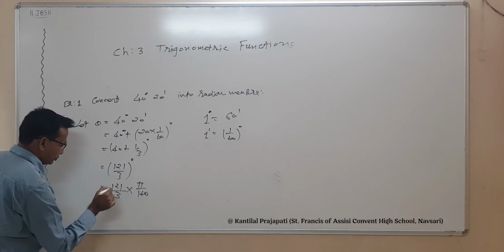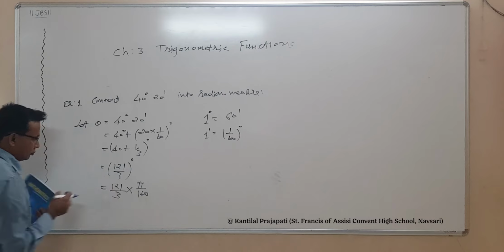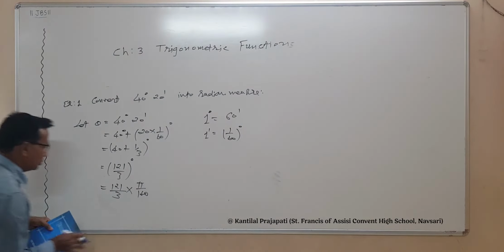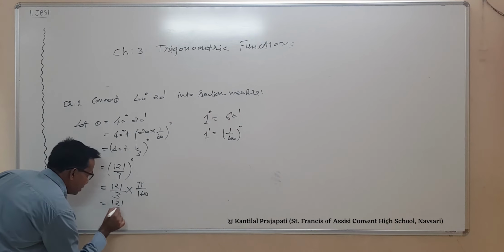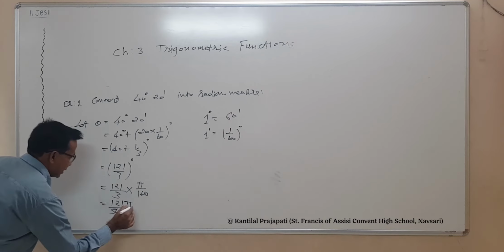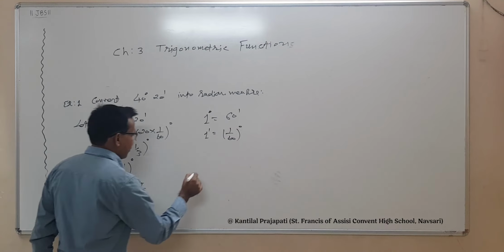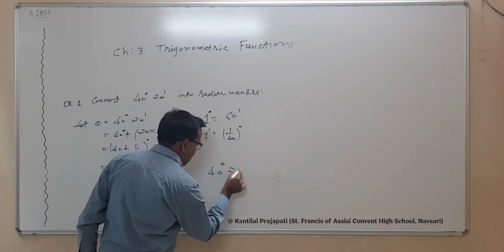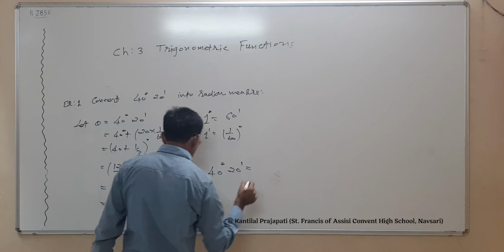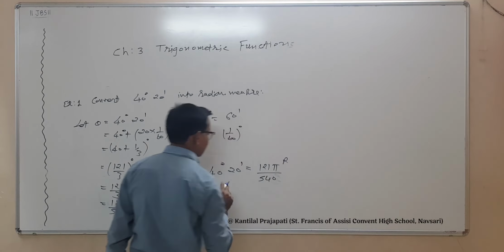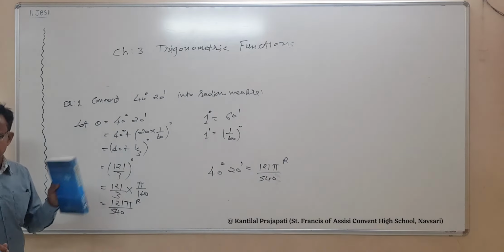This is equal to 121 pi upon 540. This is radian. Therefore 40 degree and 20 minute is equal to 121 pi by 540 radian. This is the degree measure converted into radian measure.